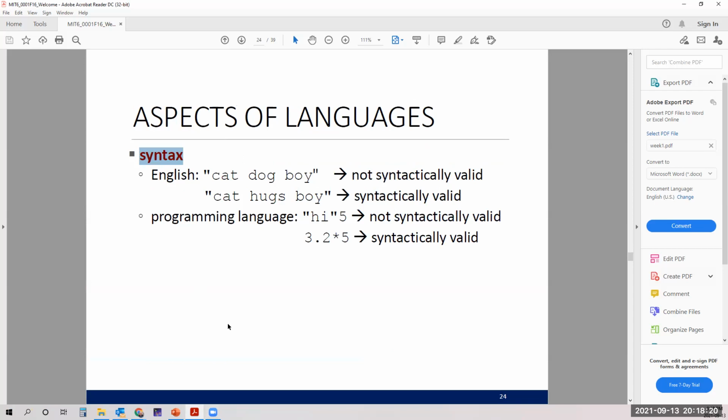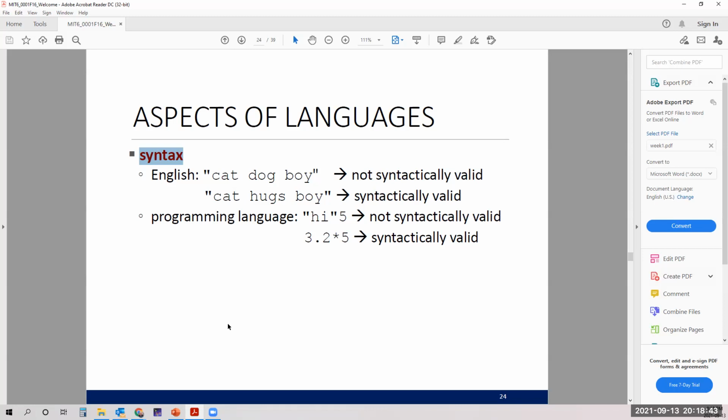For example, if I have these words in English, cat, dog, boy, is it syntactic? Does it have meaning as a sentence? In the syntax?